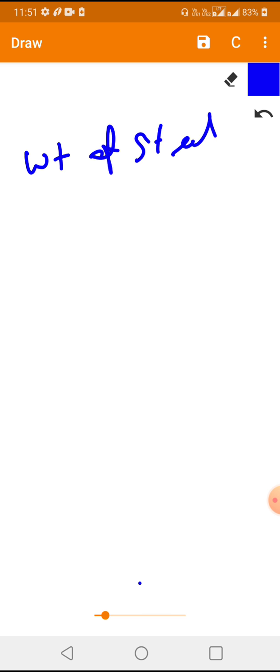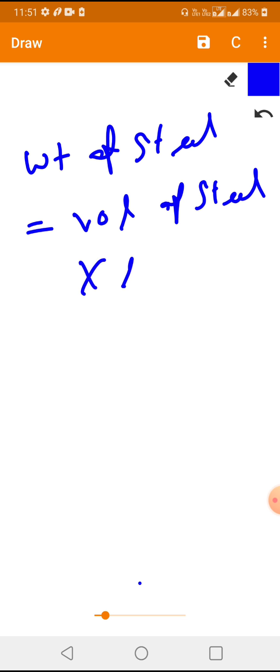So how to find out? Weight of steel is equal to volume of steel multiplied by unit weight of the steel.